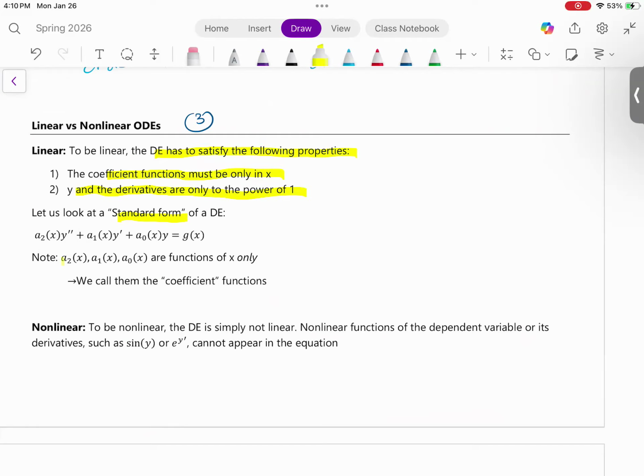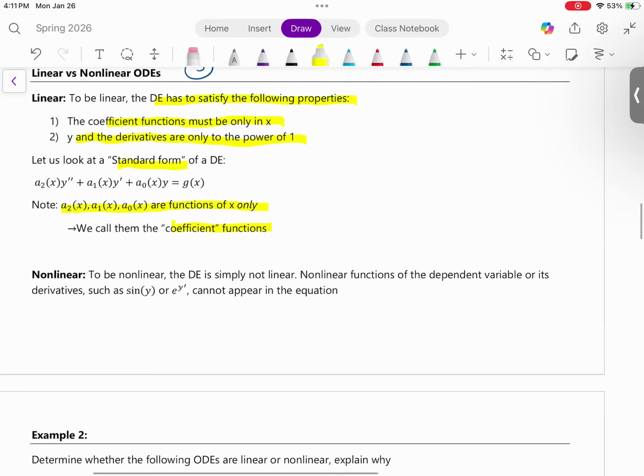And so the key here is that our a sub n's are functions of x only, and we call them coefficient functions. Okay. So nonlinear is just a differential equation that's not linear, doesn't meet the linear properties.